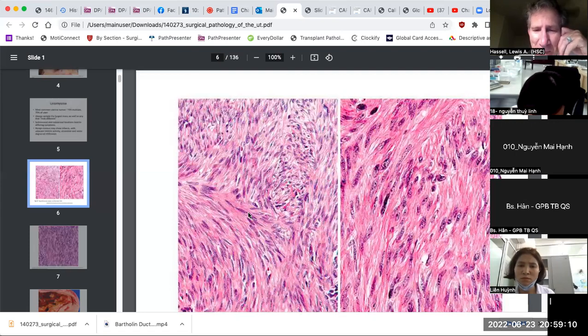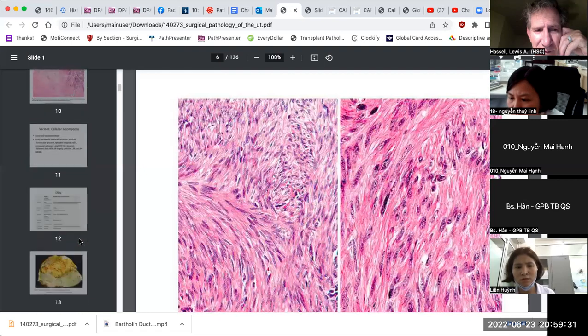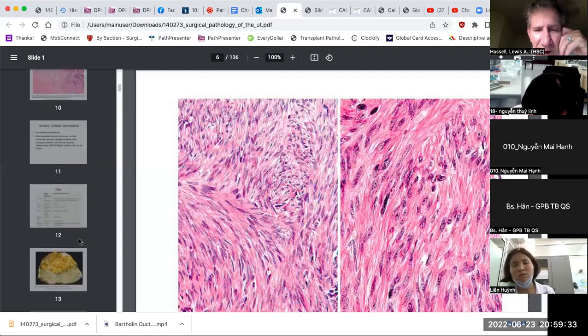But in our practice, we often see CD117, CKIT, and CD10 more often positive in endometrial stromal sarcomas.